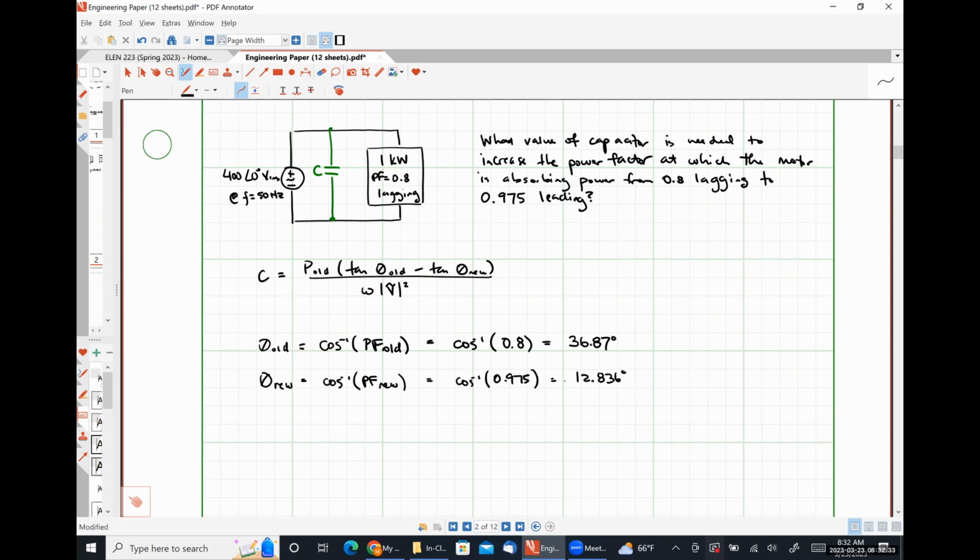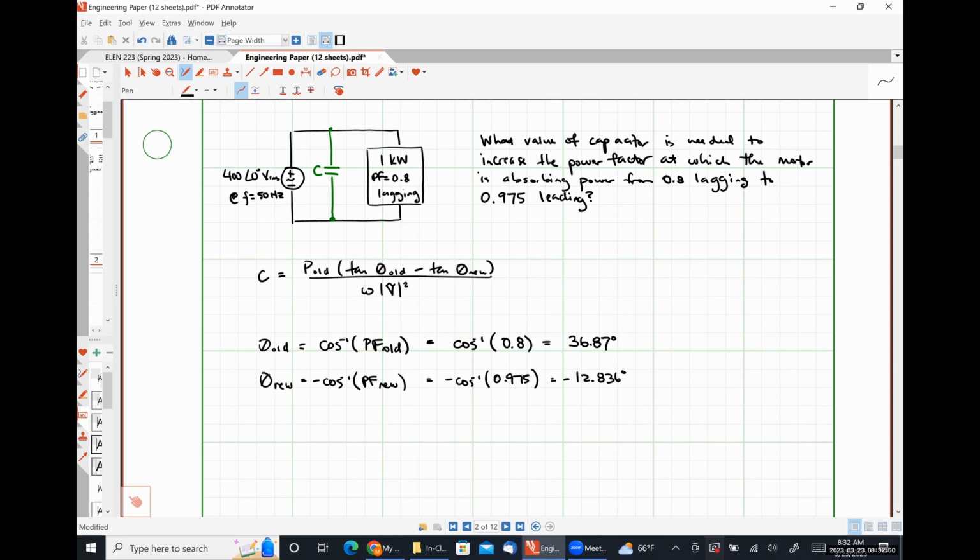And then you absolutely correctly denoted that it should be a negative number because we're operating at a leading power factor. So typically, I usually just put a negative sign out front here to remind myself that we're operating at a leading power factor, okay?